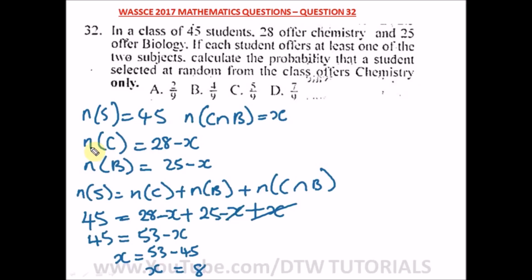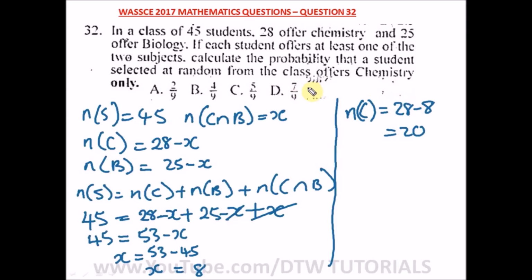So what's the total number of students that offered chemistry only? n(C) is 28. Since X is 8, 28 minus 8, so 20 students offered chemistry only.